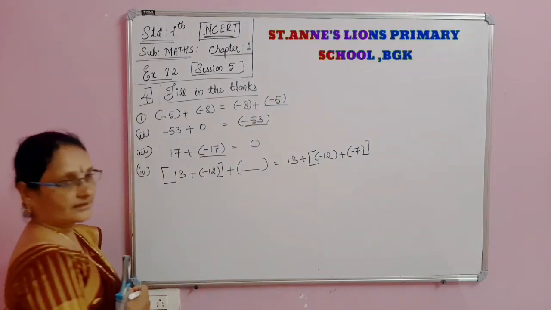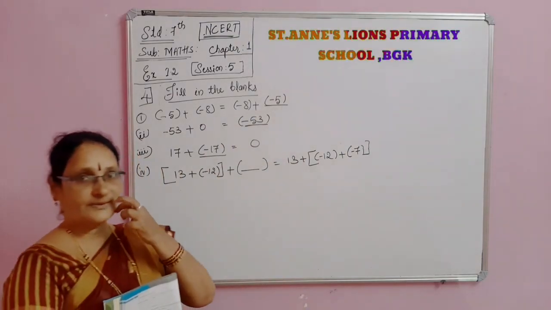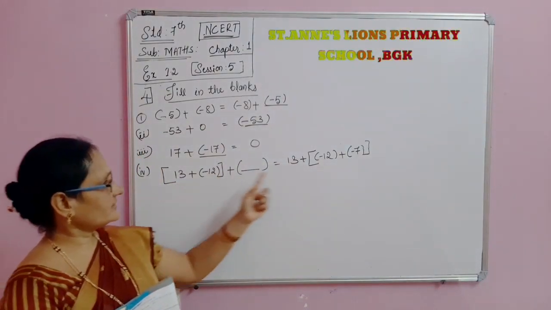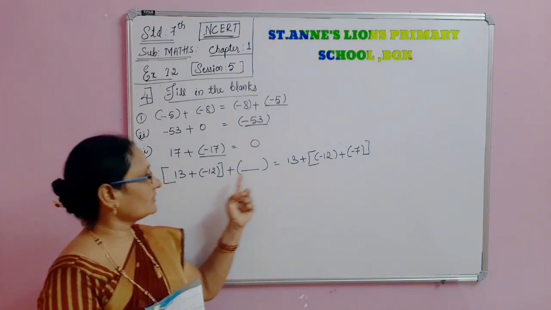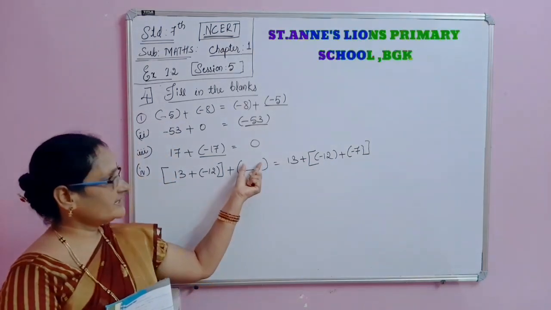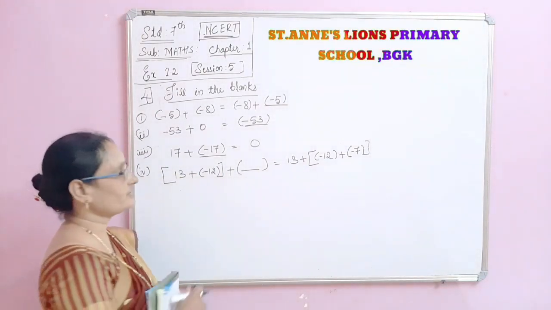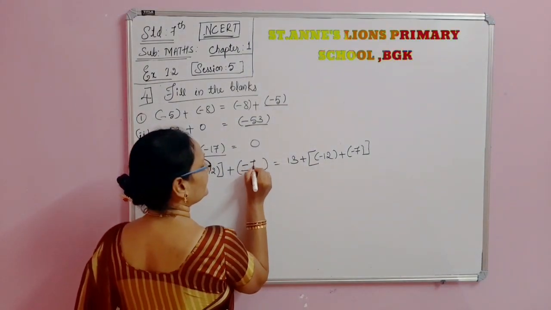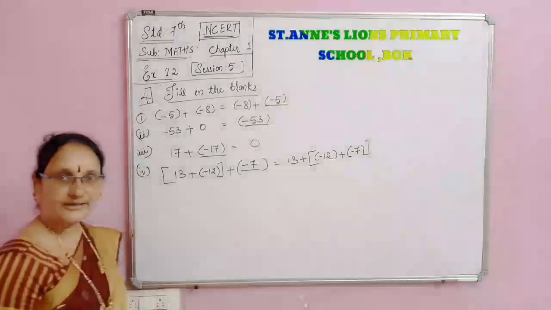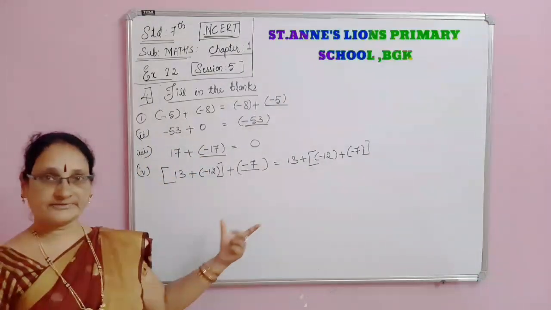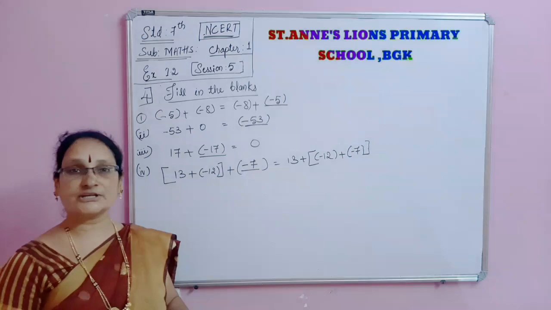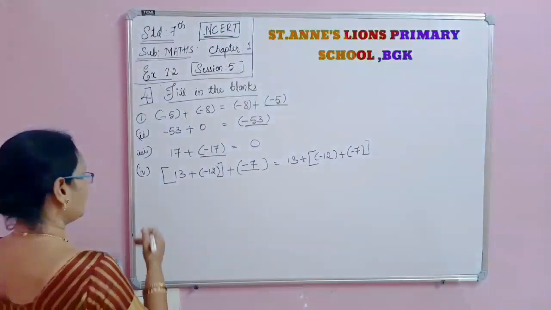See here, associative property and common sense is there. Here 13, here also 13. Here minus 12, minus 12. Then what is remaining here? Only minus 7 is not there in the LHS. So better you fill the blank with minus 7. This is the use of associative property here in fill in the blanks.